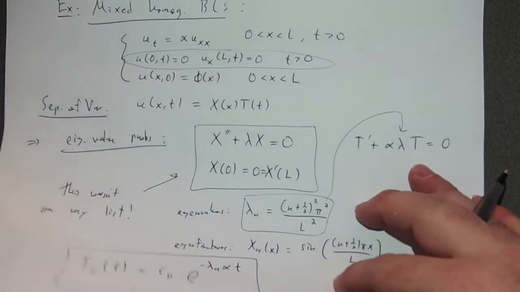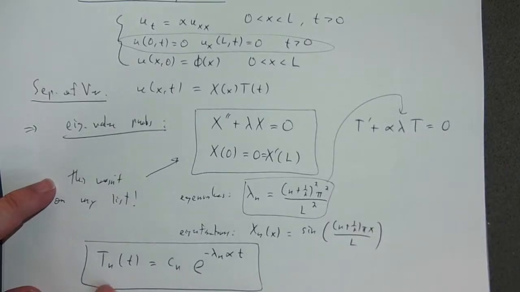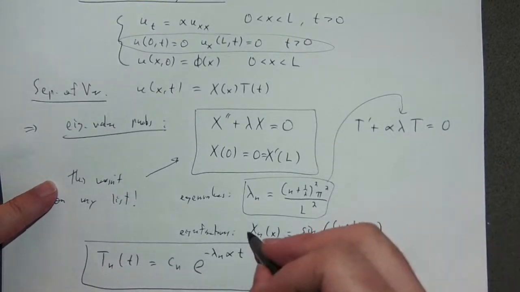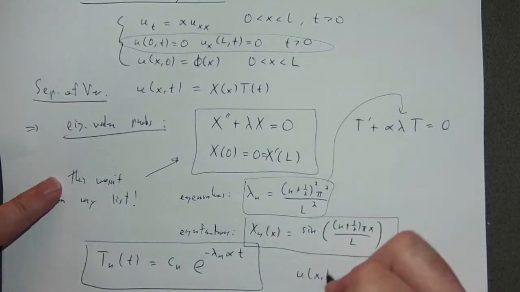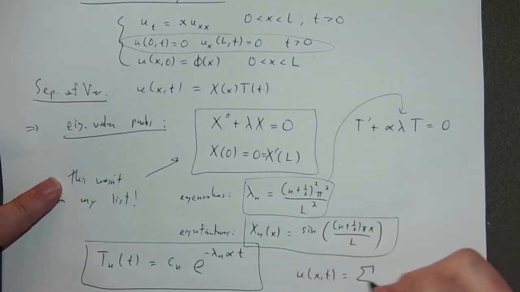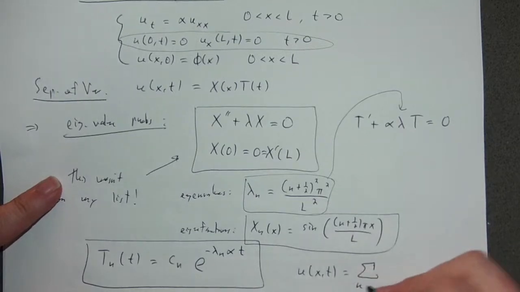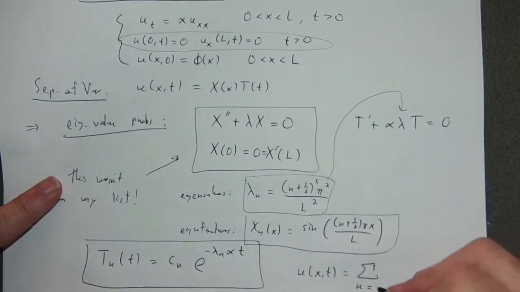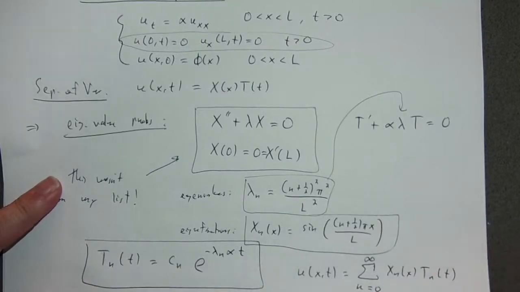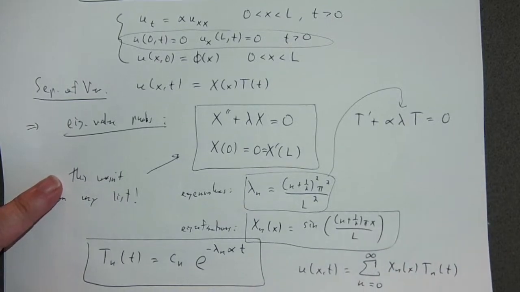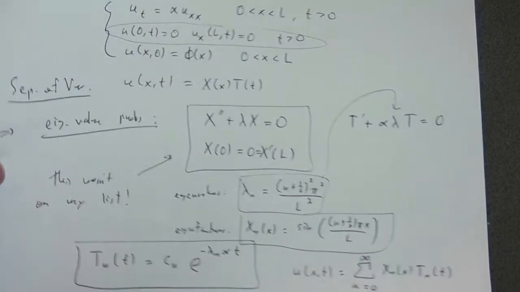Thus, doing our usual thing, where I have found eigenfunctions T sub n and eigenfunctions X sub n, considering u of x,t as an infinite sum from n equals 0 to infinity of the X sub n's times T sub n's, what do I get here? Well, this is thus my solution.